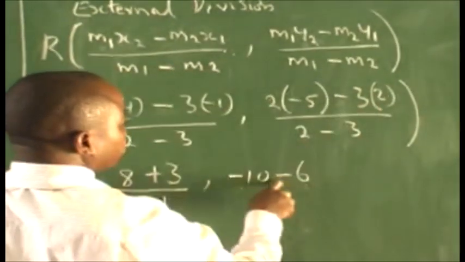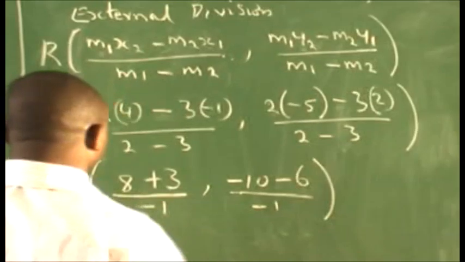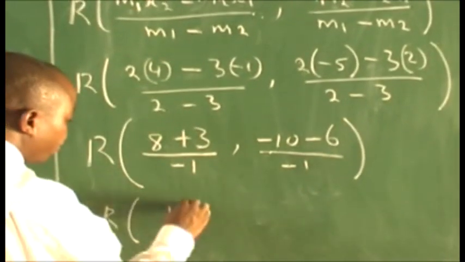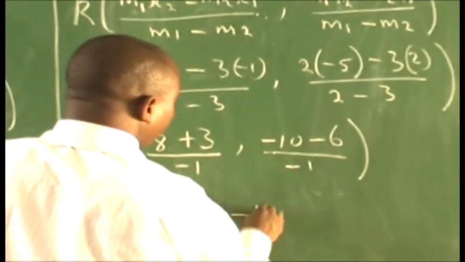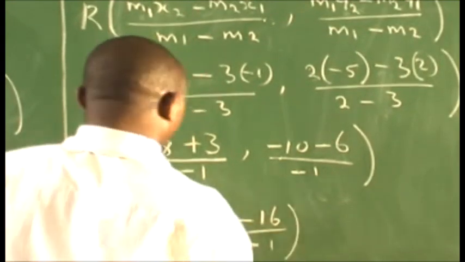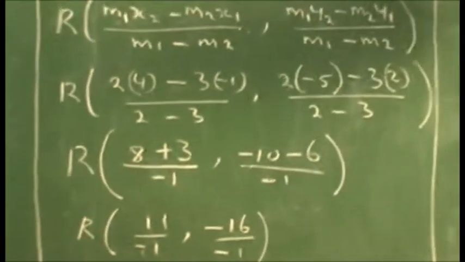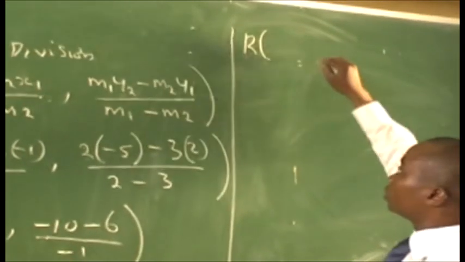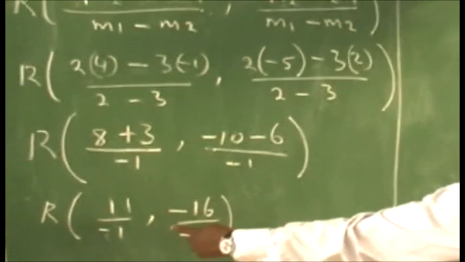Minus 3 times 2 is minus 6. All over minus 1. So what we have here is that the coordinate of R is 11 all over minus 1, and then we also have minus 16 all over minus 1. We can then conclude that the coordinate of R which divides this line externally is minus 11.